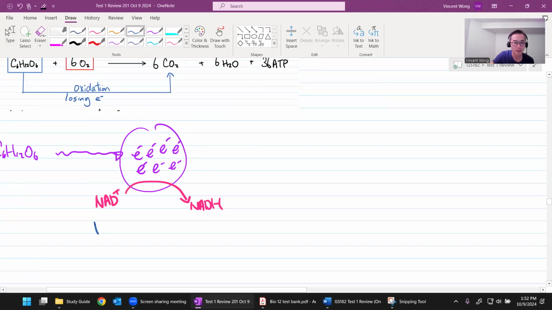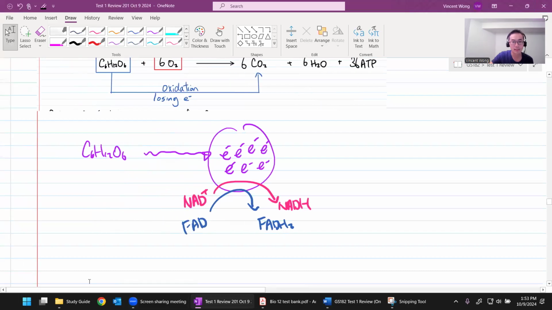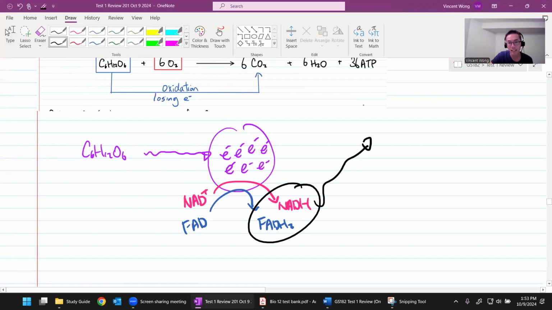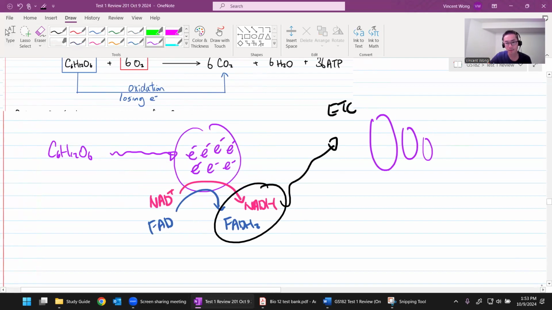Similarly, we're going to have FAD. It's going to pick them up and become FADH2. Okay? And then, where do these things go? They will all go to the ETC, the electron transport chain, which is basically a protein series.